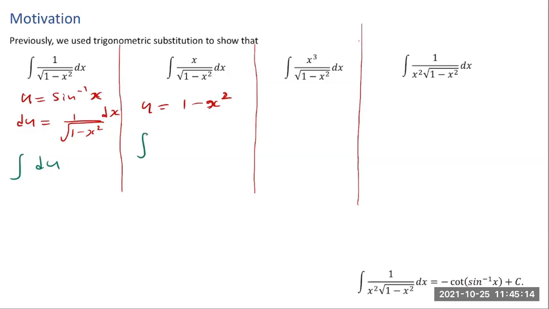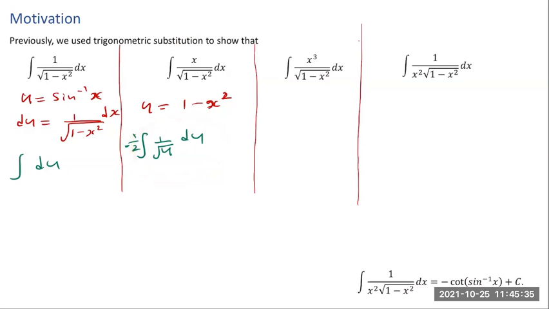I'm not going to show the details because you are familiar with how to apply the u substitution. This is minus 1/2 times the integral of 1 over square root of u du. This integral will become this particular integral, and you know how to solve it.